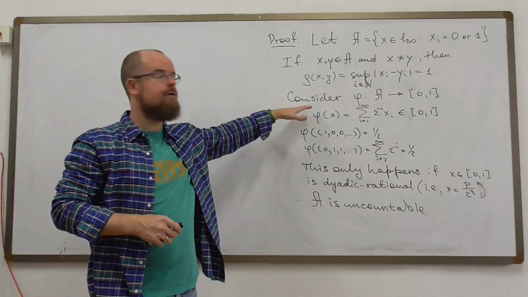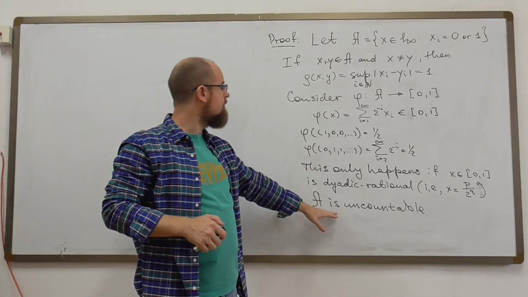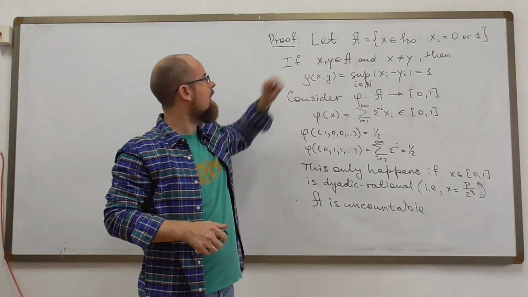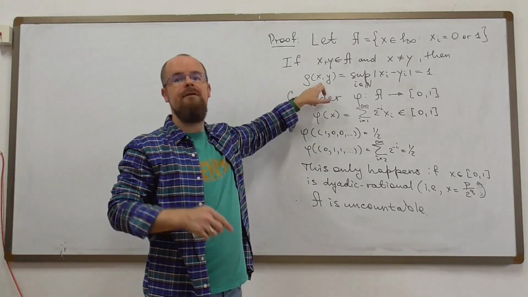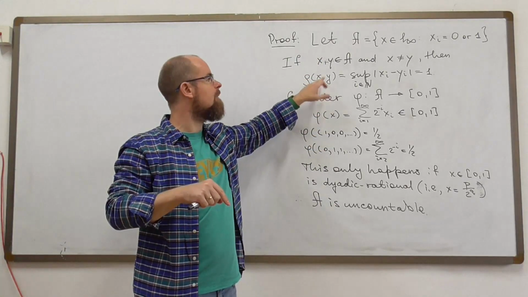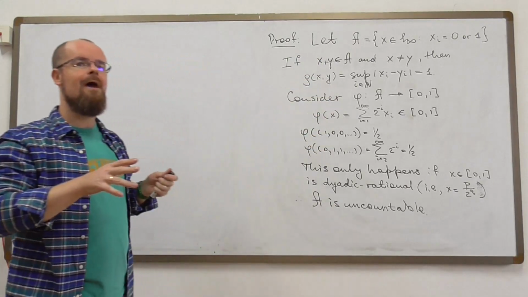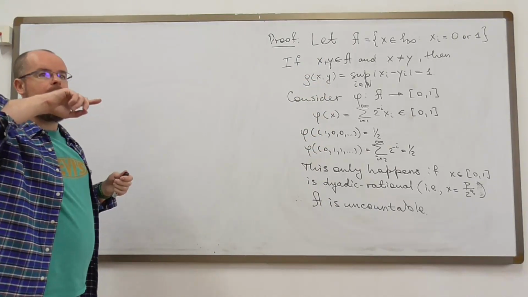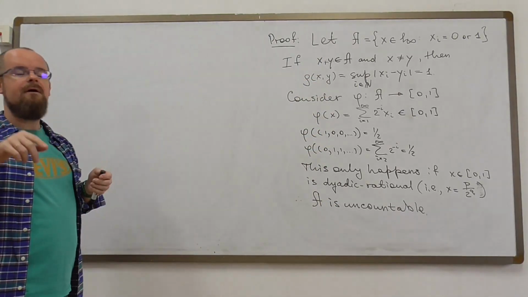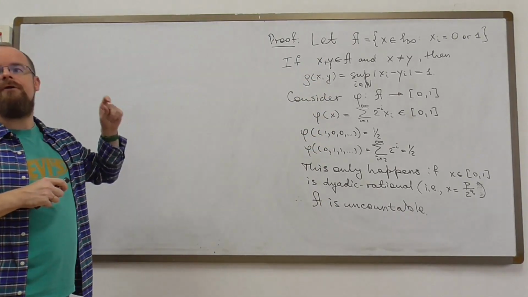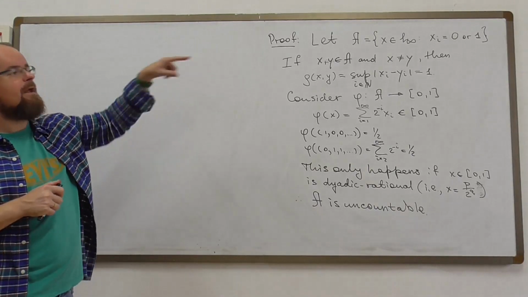So we managed to construct uncountably many sequences from L infinity such that the distance between any two of them is 1. What I will do now is consider a ball of radius half around any of these points.